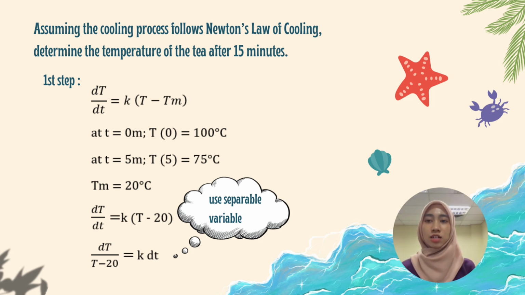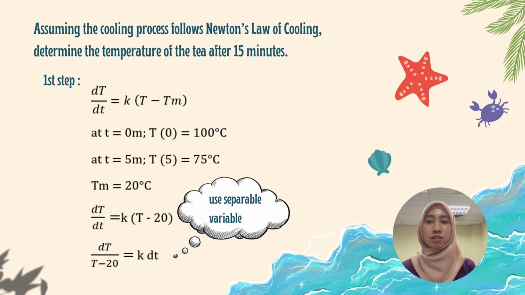To answer the question, we use the formula dT/dt equals k(T minus Tm). Given the initial condition T(0) equals 100 degrees Celsius and T(5) equals 75 degrees Celsius, and the surrounding temperature Tm equals 20 degrees Celsius, we substitute it into the formula, which is dT/dt equals k(T minus 20).